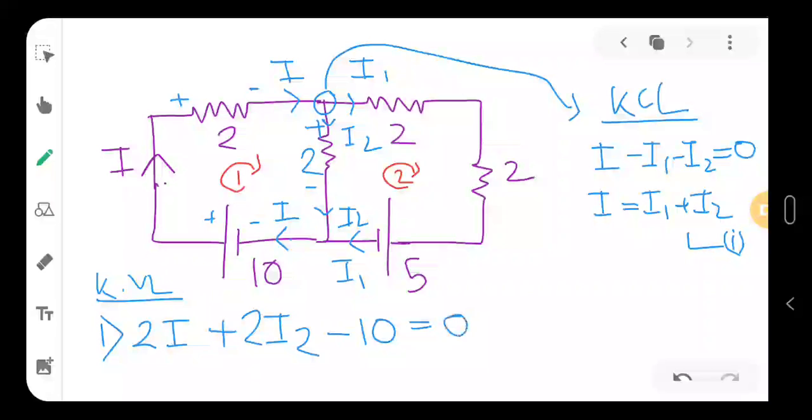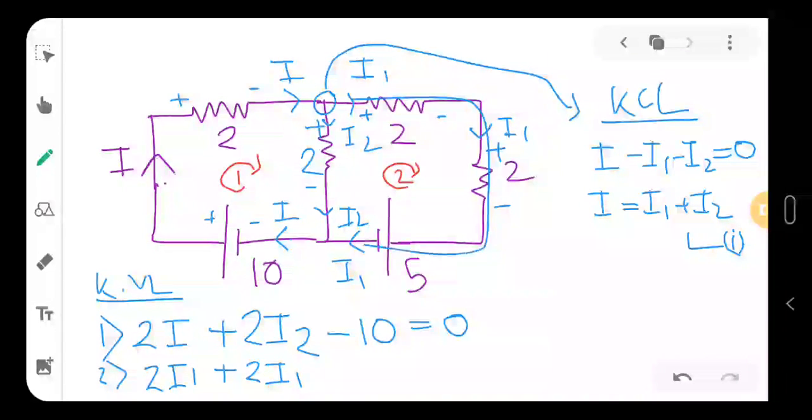The next equation will be for the second loop. We are starting from this point. I1 is entering, so this side will be plus, this is minus, this is plus, this is minus. So this will be plus 2I1, plus 2I1, because here also I1 current is entering because it is the same path, right?